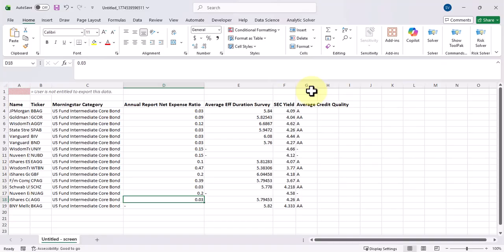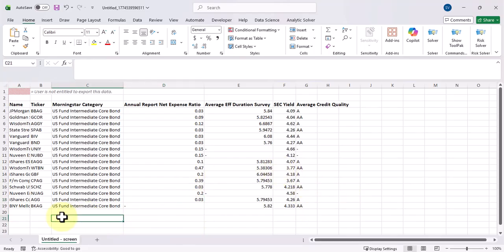I'm going to start with just putting it into quintiles, which is kind of standard, or quartiles, which is kind of standard for our numerical values. And then I'm going to use a binary variable for our average credit quality. So I have 4 different variables here. 3 of them are numerical.